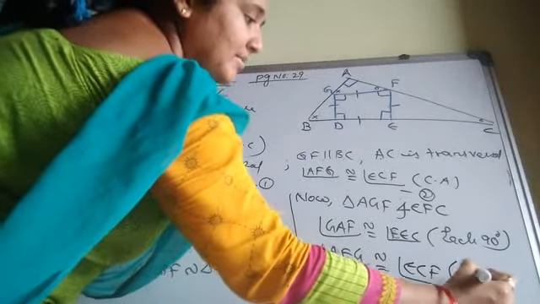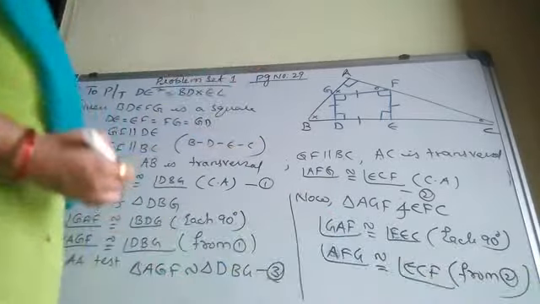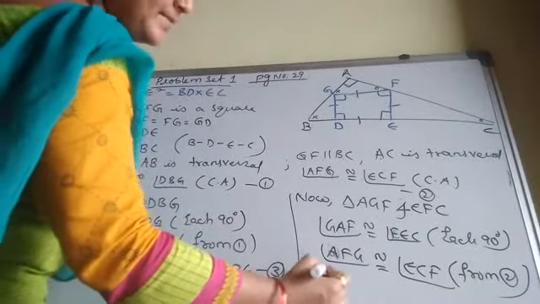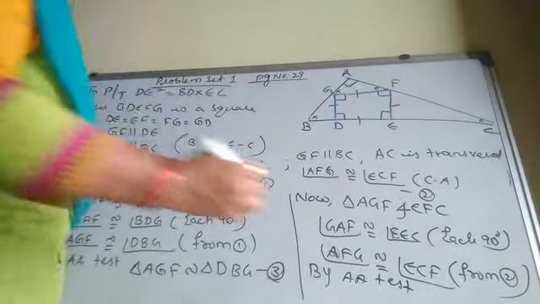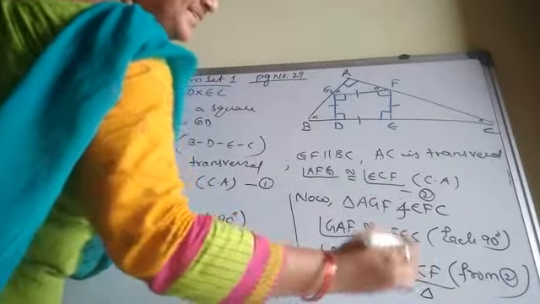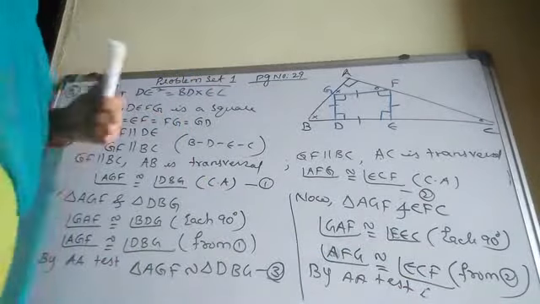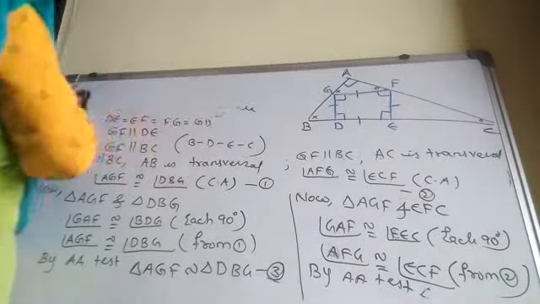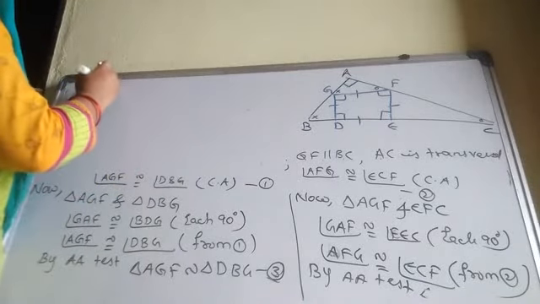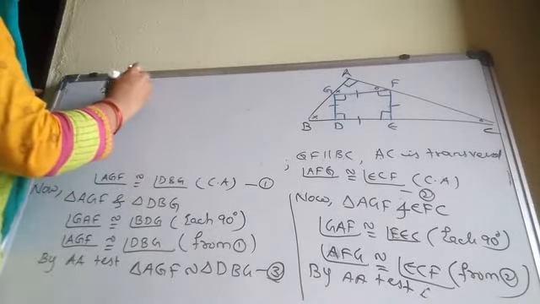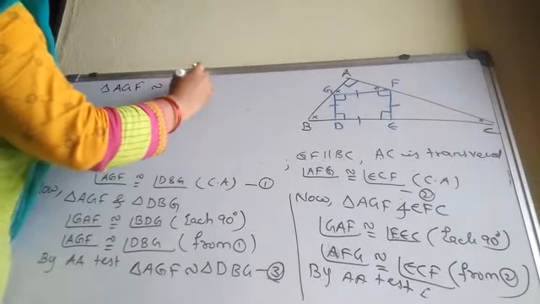Here from 2. By AA test, triangle AGF is similar to triangle EFC.